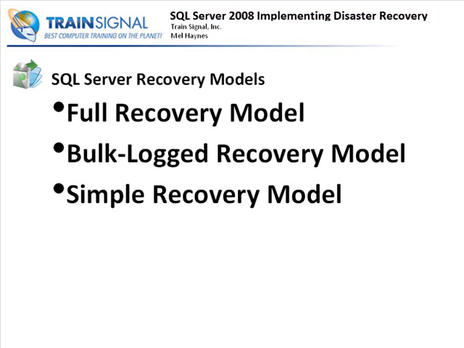And then with simple recovery, as you might have guessed, it's very simple. You can recover to a certain point, and that's it. The whole concept of being able to roll back to a particular instance in time is completely gone. But we'll get into those in a lot more detail coming up. Got a lot more information that'll help differentiate those three. But for now, I just want to simply show you how you set that, how you change that. But here, let's jump over to our server now.